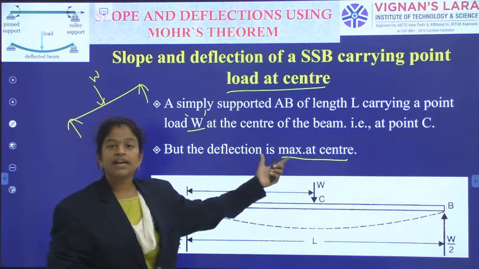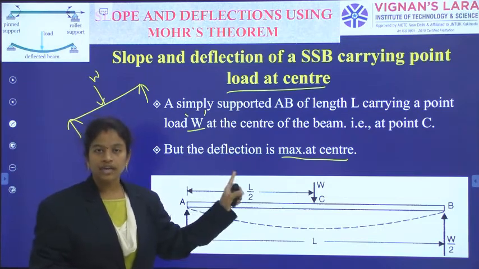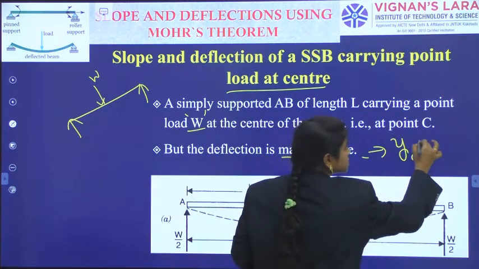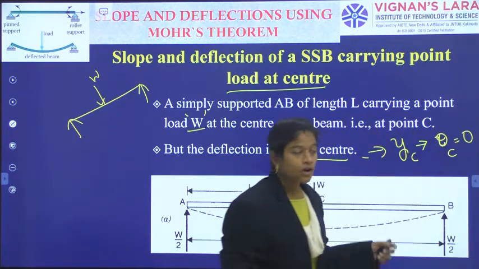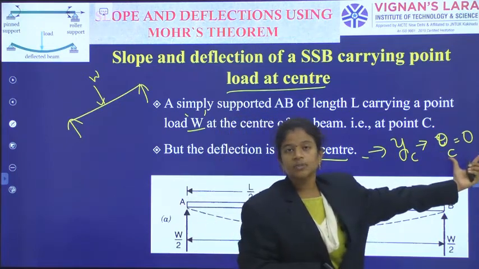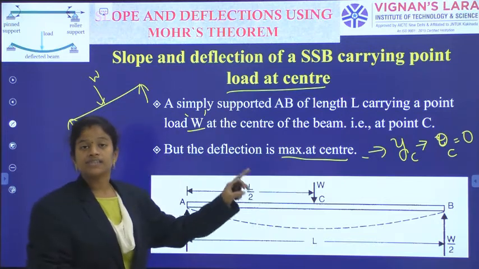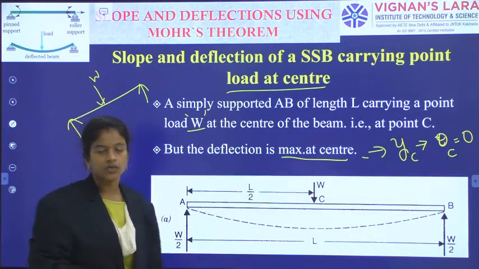As the deflection is maximum at the center, at that point the slope is equal to 0. So, in the slope equation, the point with maximum deflection will have theta C equal to 0, because y is maximum at point C. This condition I can use in generating the slope at A and the slope at B. Similarly, the deflection at C can also be calculated.